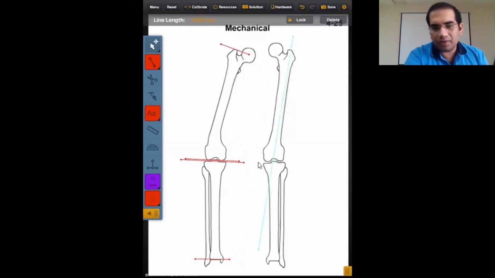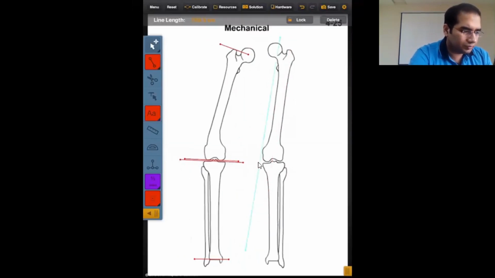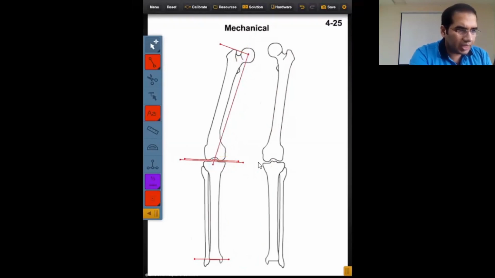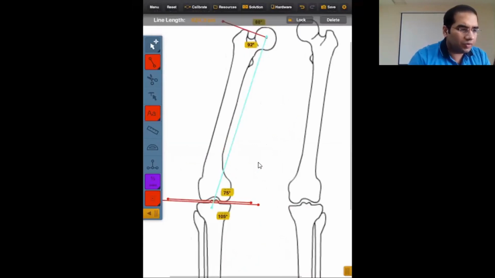The next step is we're going to draw the mechanical axis of the individual bones. Mechanical axis of the individual bone, starting from the center of the head to the apex of the intercondylar notch.